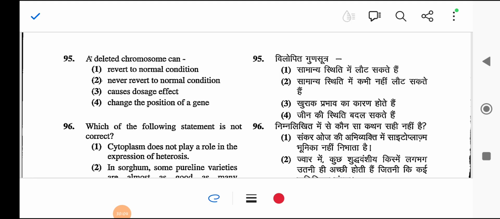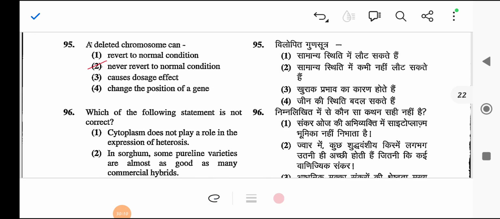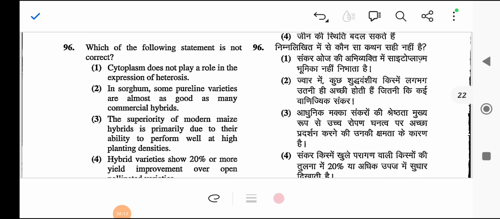Next is a deleted chromosome can be. So deleted chromosome can never revert to normal condition. Next is which of the following statement is not correct. So cytoplasm does not play a role in expression of heterosis. So this is not correct.